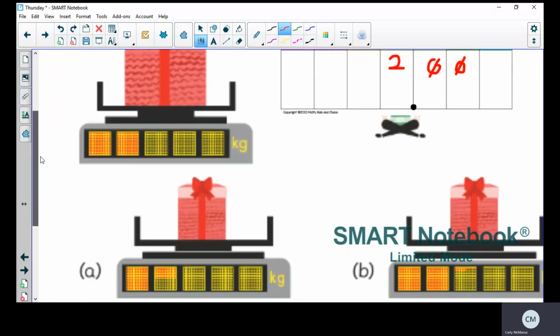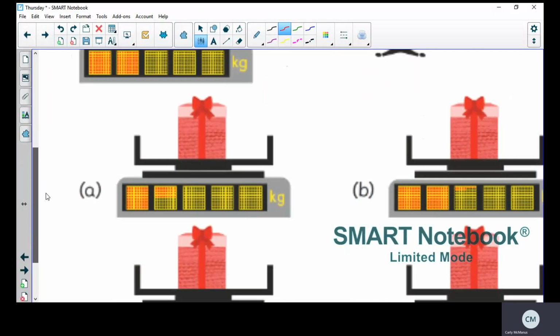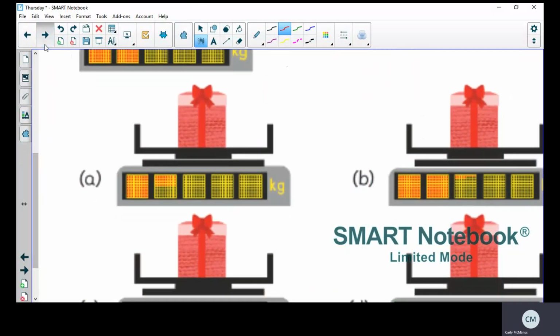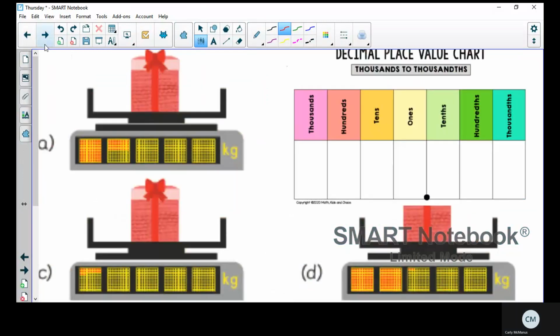And then if we look at the next one, on this page, yeah, here. So here, all of the parts of this are shaded in red. So that's 1 whole. This, however, is not a whole because only some of it is shaded in red.